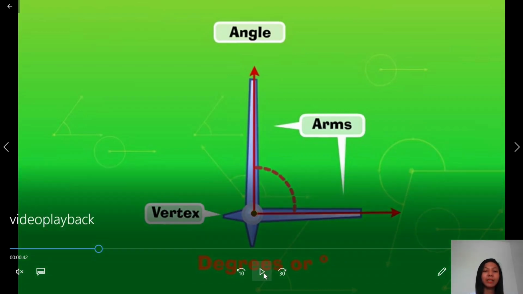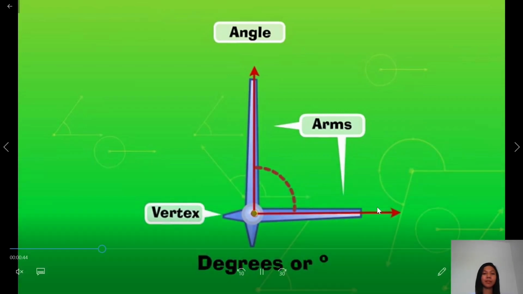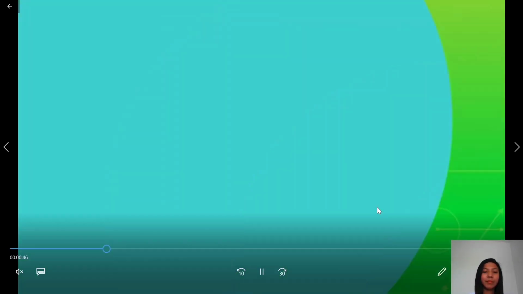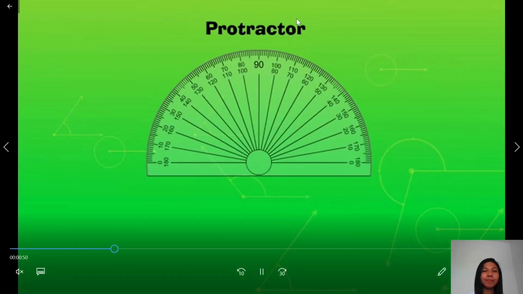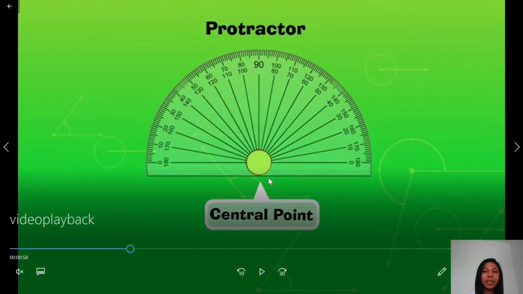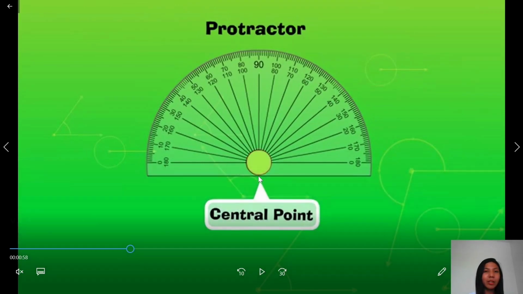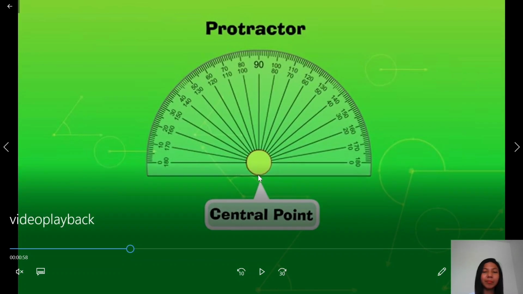So you can see in our next examples, we have here a protractor. The protractor is used to measure angles. You can see here, it has a center point, or middle or central point.